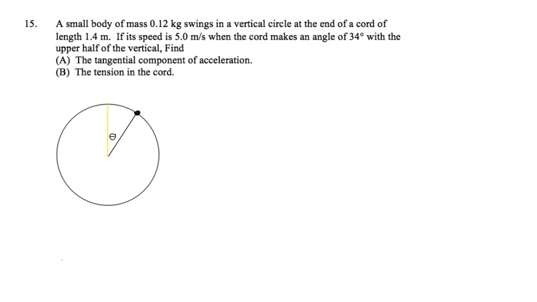Now, I want to put the forces that are acting on that object when it's in that position. I'm going to have the weight of the object, which is going to be straight down. And I'm going to have the tension that's in the string. And the tension in the string is always towards the center of the circle.